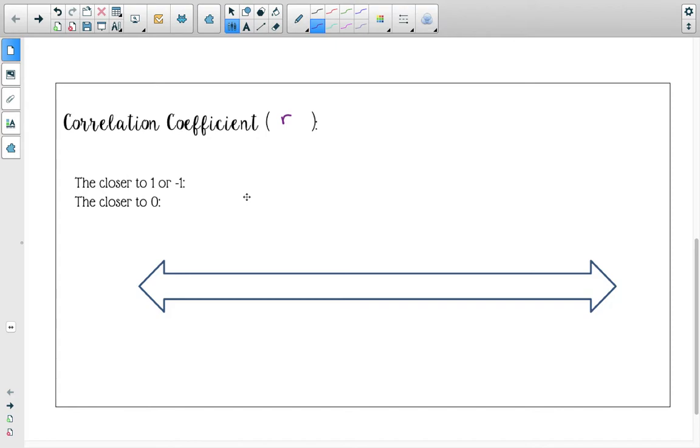The correlation coefficient is a number, but it is between two specific values. So a number between -1 and +1. And this correlation coefficient actually tells us how strong the correlation is.